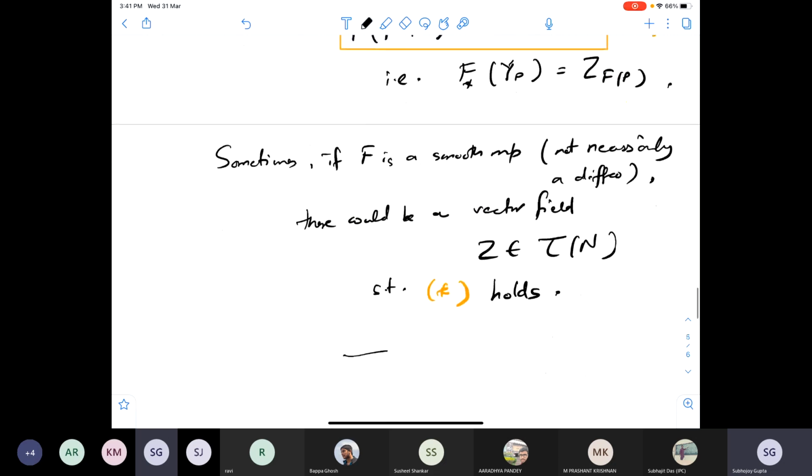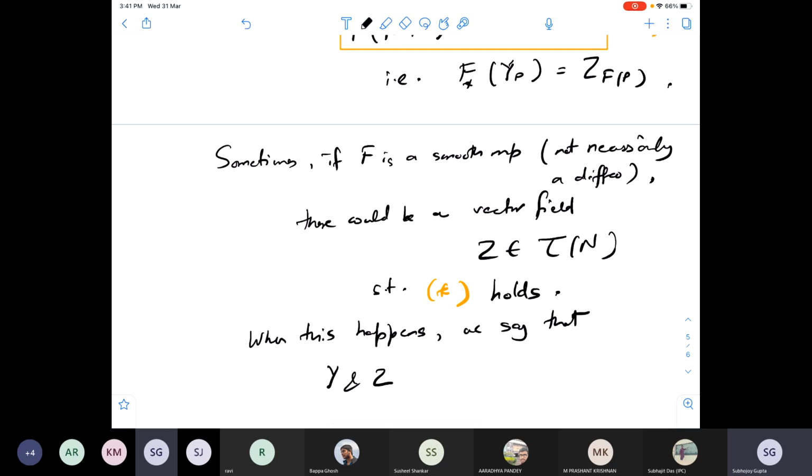All right, and we'll run into this a few times. When the star holds, we say that Z is a push forward of Y under F, or another notation is Y and Z are F related.